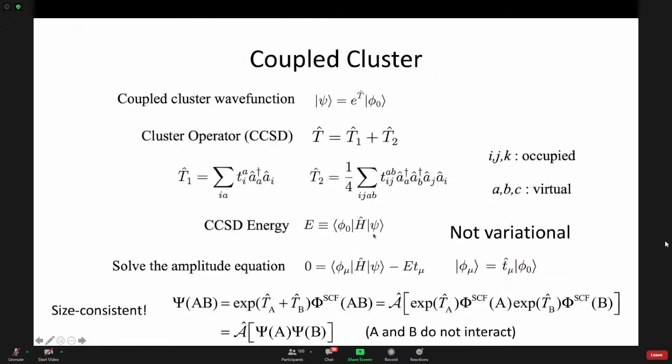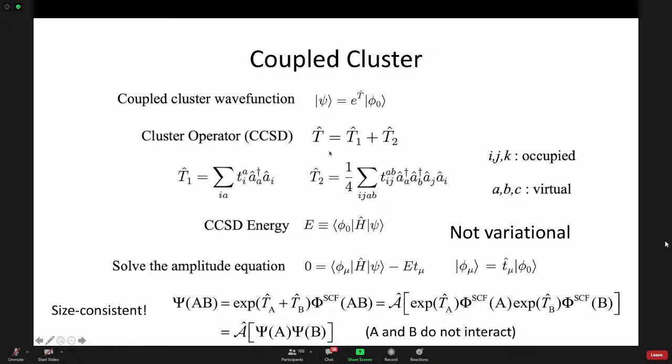So that is why the researchers came up with a new idea, which is called the coupled cluster method. Previously, we were just doing the linear combination of the Slater determinant terms, but now in this case, we are putting these excitation terms into the exponent.